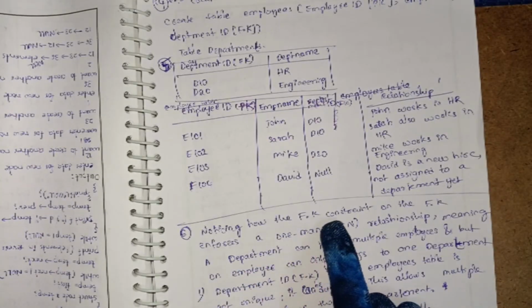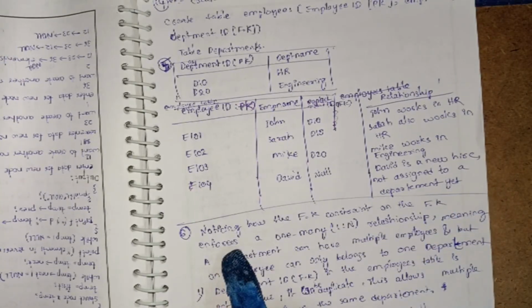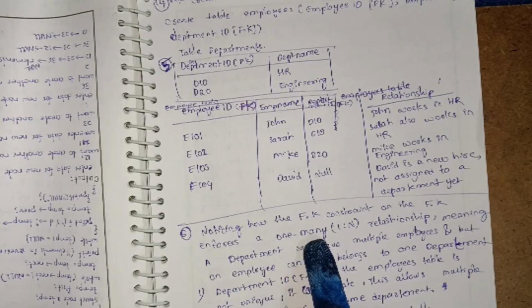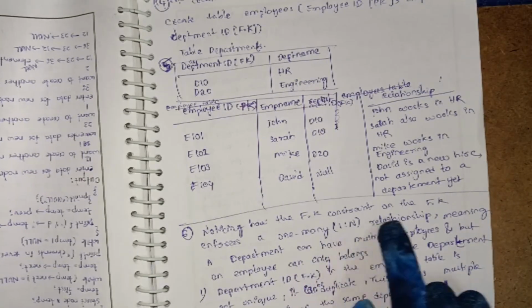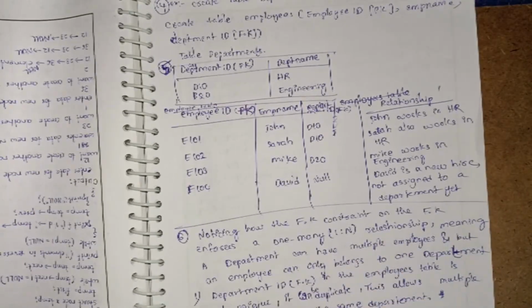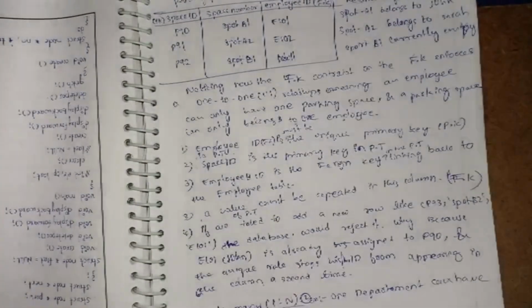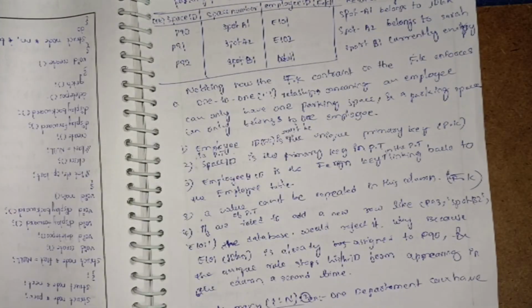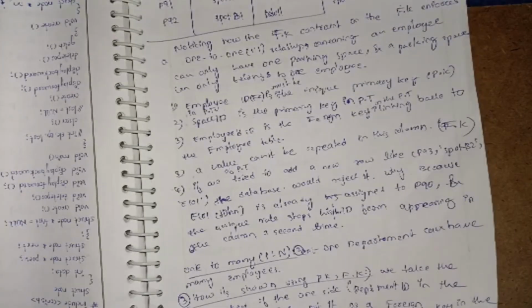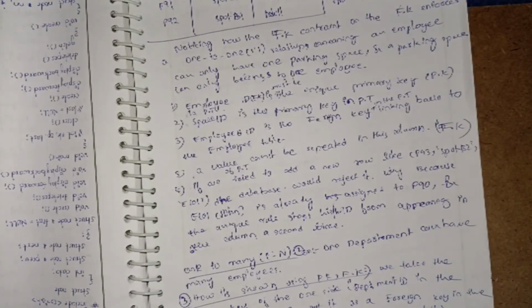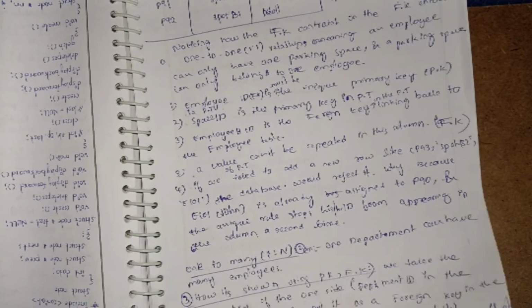Notice how the foreign key constraint on the foreign key enforces a one-to-many relationship. Here we have seen that each row in the first table can relate to multiple rows in the second table.